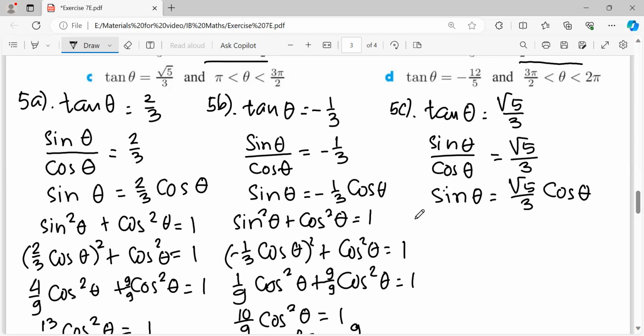Back to this equation, sine squared theta plus cosine squared theta equals 1.